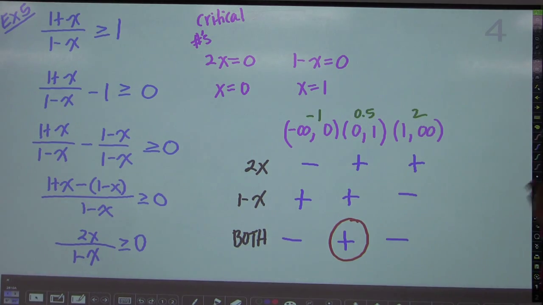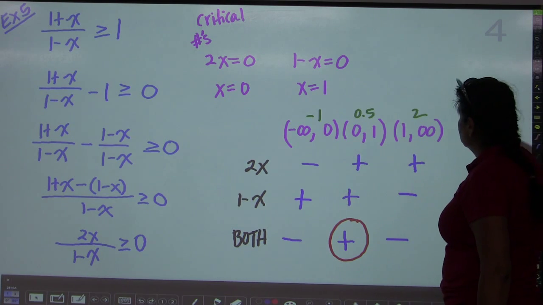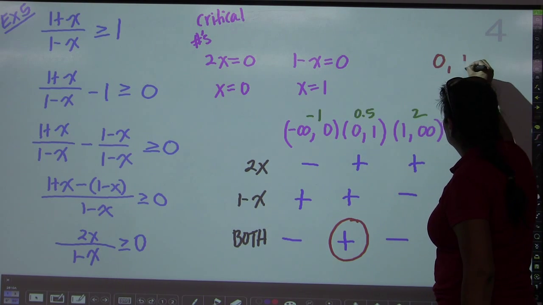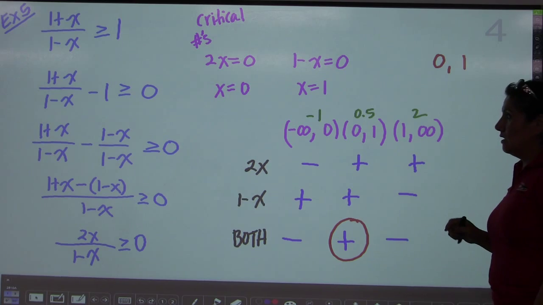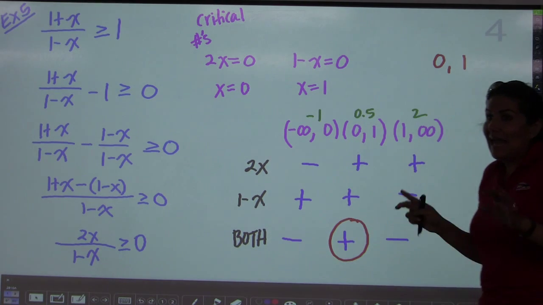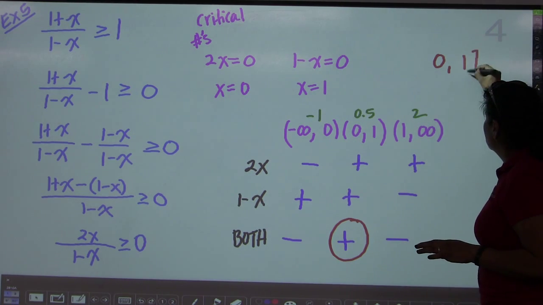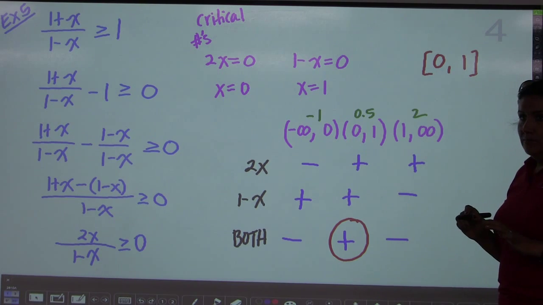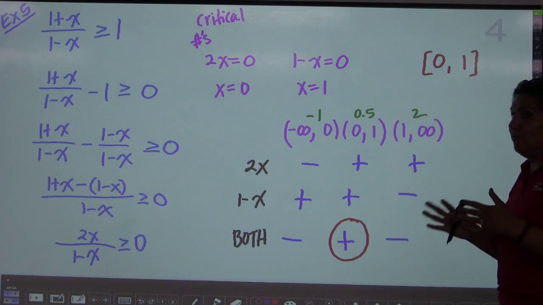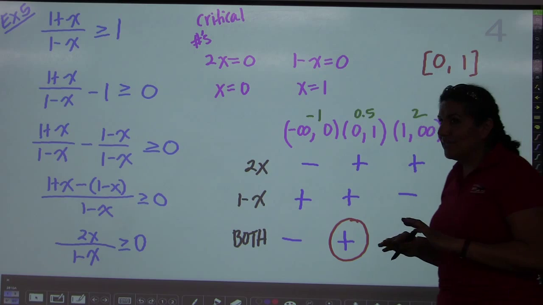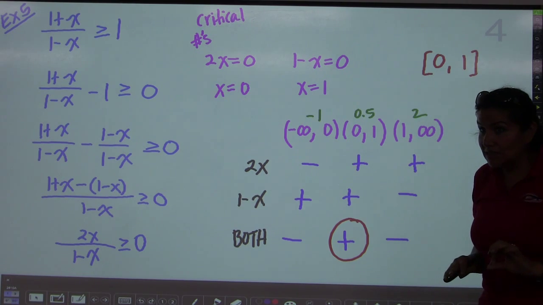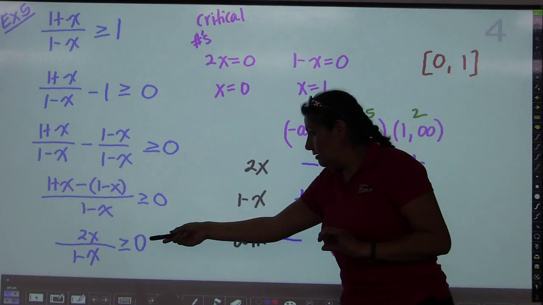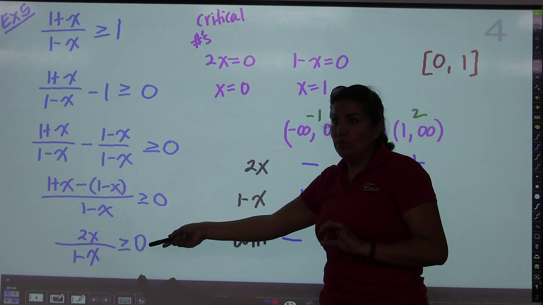Okay, so our answer, this is where it kind of gets interesting. It's supposed to be 0, 1, but it has an equal to. So technically, we're supposed to be able to do this, right? Because it's an equal to. However, the bottom cannot equal 0, because if it does, you would get division by 0.